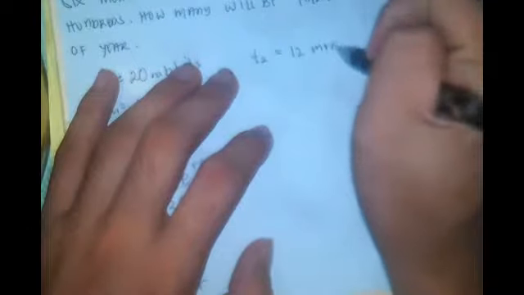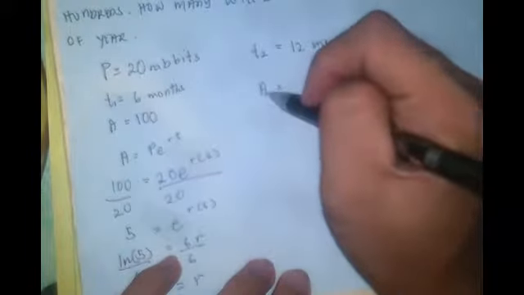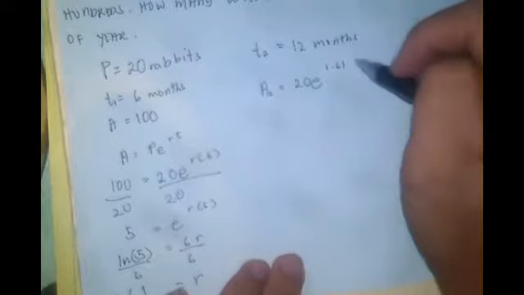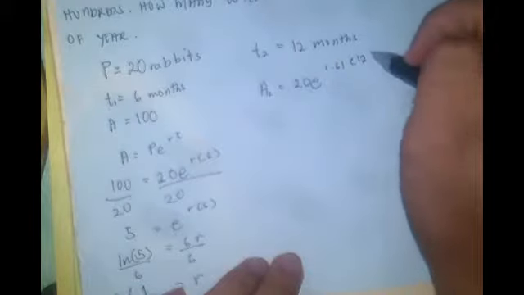Since we have the rate of change, we can now solve the real question, which is the number of rabbits after a year. Now the time t is equal to 12 months, since 1 year is equal to 12 months. So A = 20 rabbits times Euler's number raised to 1.61 times 12 months.